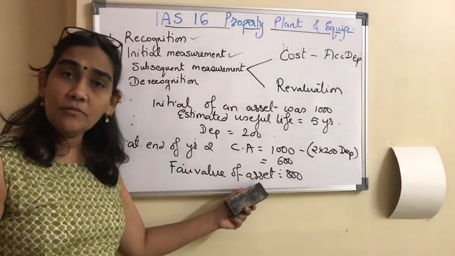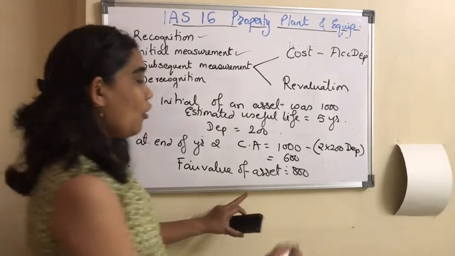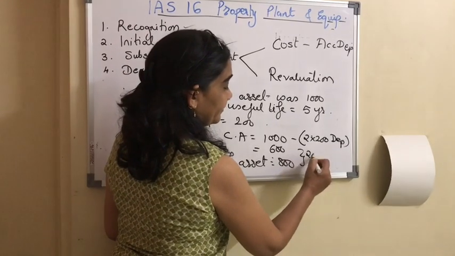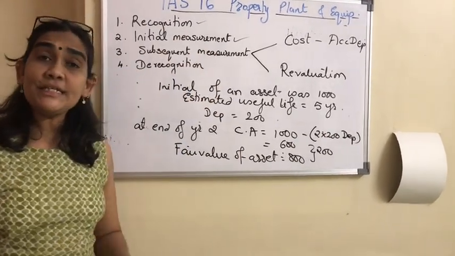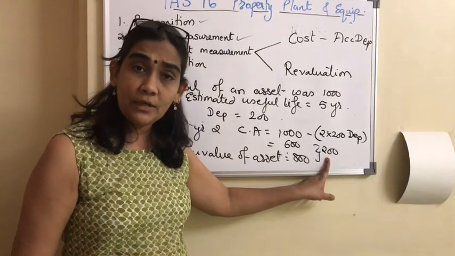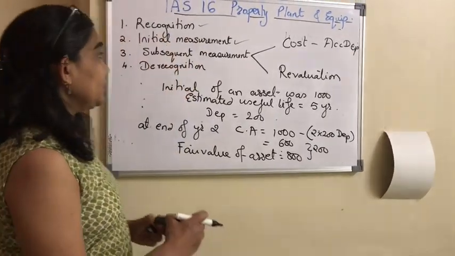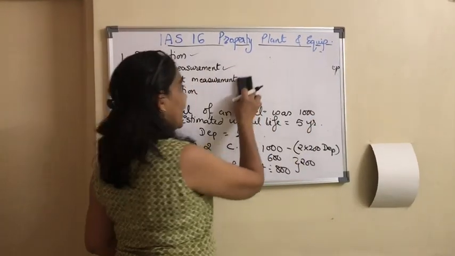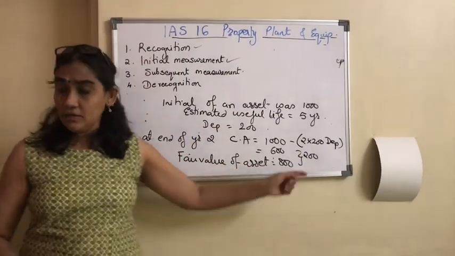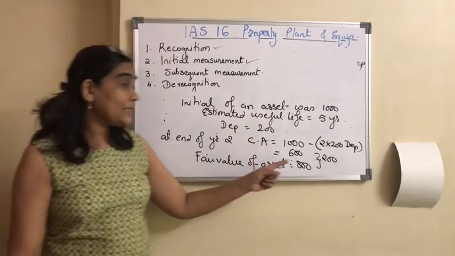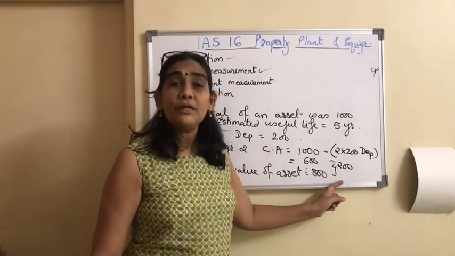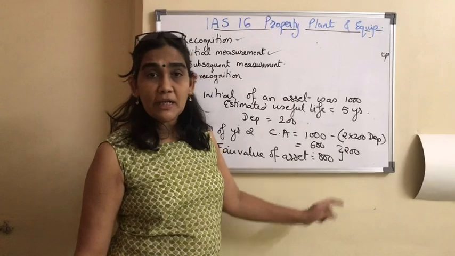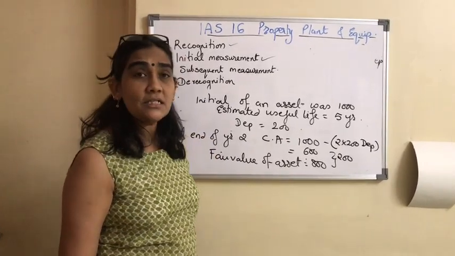There is a gain related to this asset of 200, right? So this is recognized as revaluation gain. The journal entry for that is, now when you are recognizing this gain of 200, you will not recognize it in SOPL, but you will recognize it in statement of other comprehensive income, that is OCI.